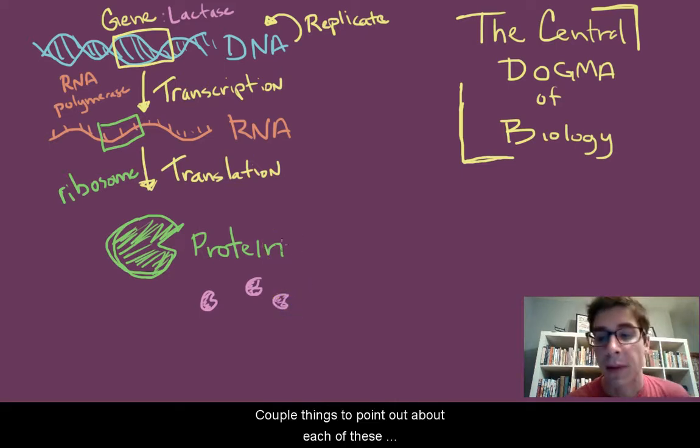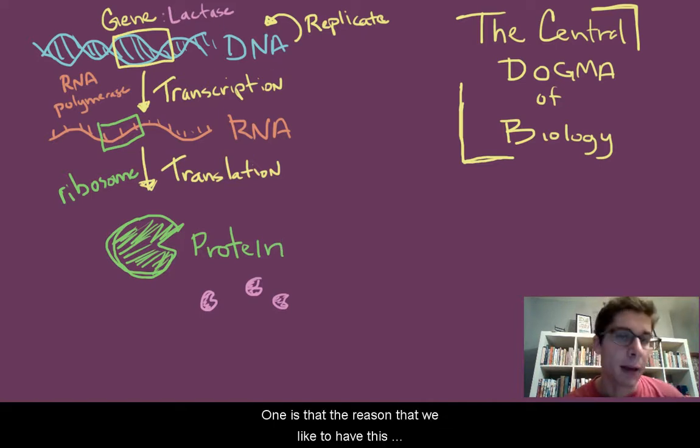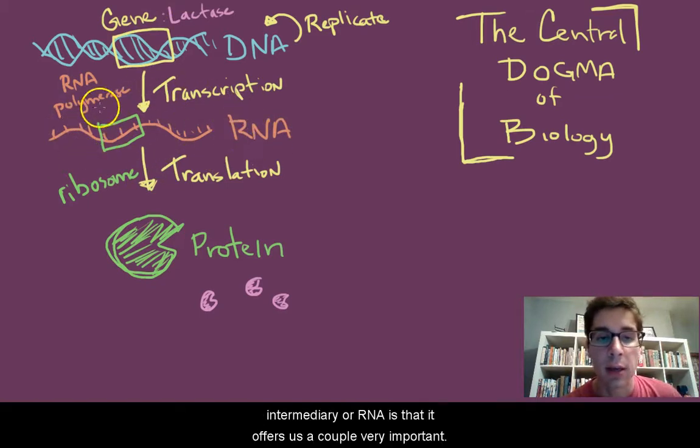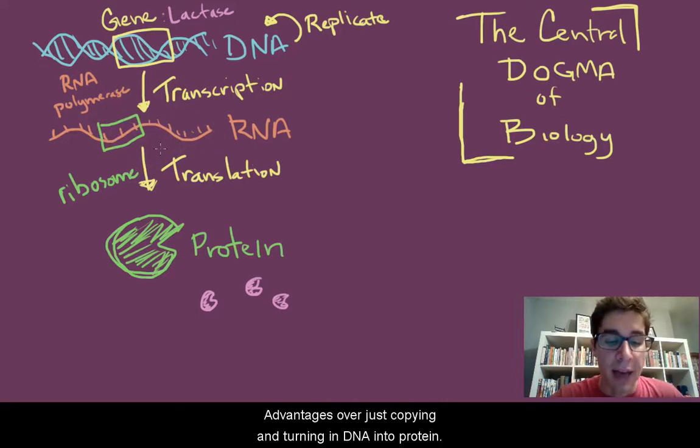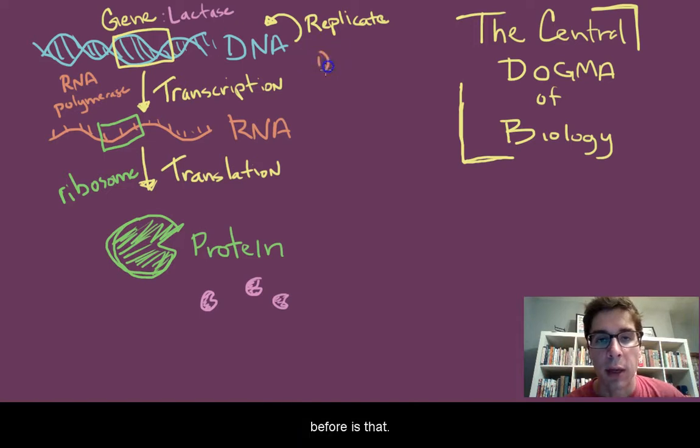Now, a couple things to point out about each of these processes along the way. One is that the reason that we like to have this intermediary, RNA, is that it offers us a couple very important advantages over just copying and turning DNA into protein. And one of those that I haven't mentioned to you before is that the RNA helps us amplify genes.